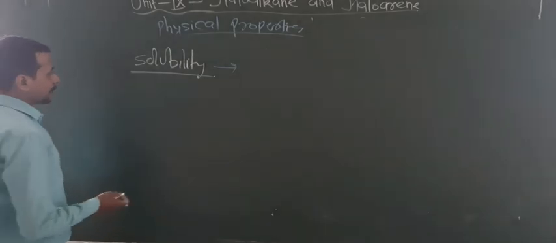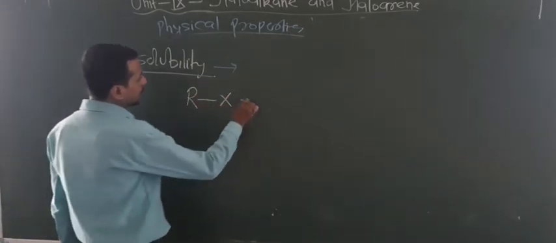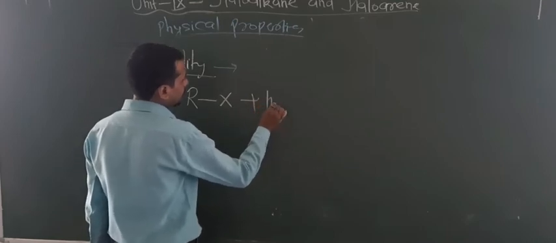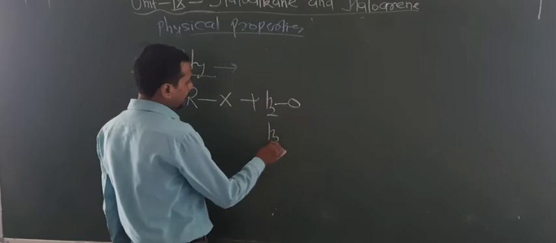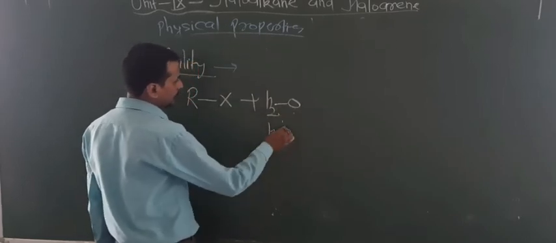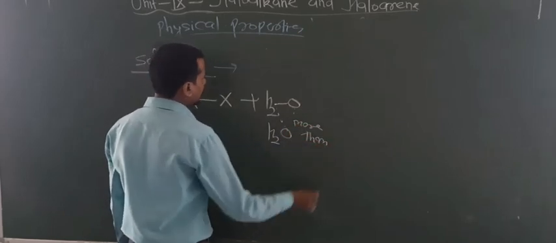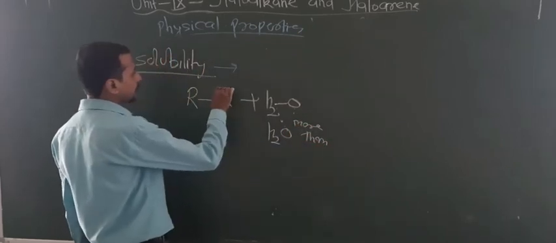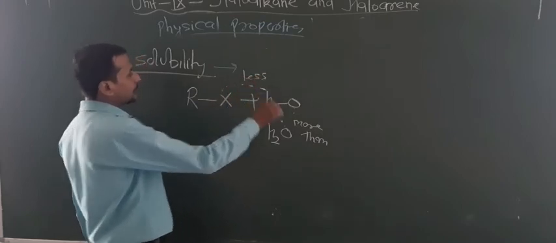So now what happens basically here? Look at the conditions. When it dissolves in water, the interaction between the haloalkane and water, this interaction is less than the interaction between the haloalkane molecules.